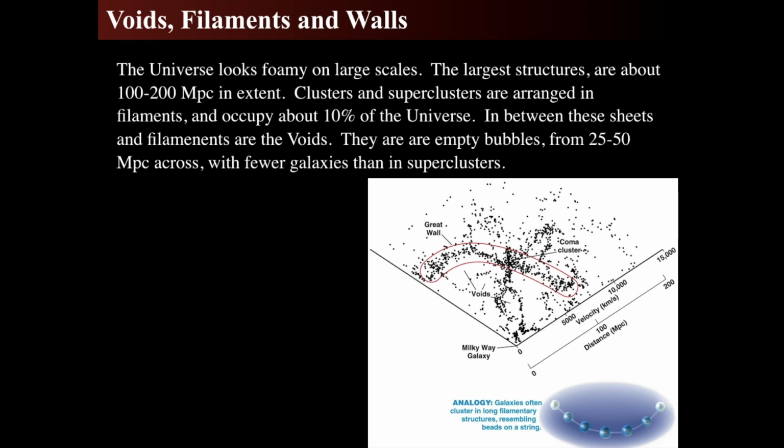So clusters and superclusters are arranged in these filamentary or sheet-like structures, and their actual volume occupies only about 10% of the space.